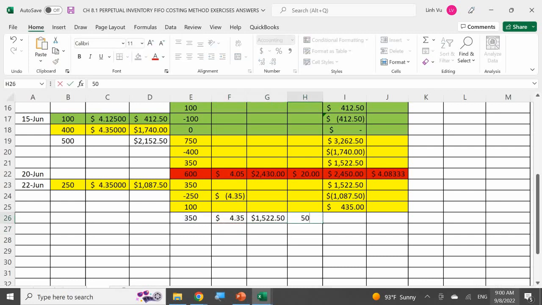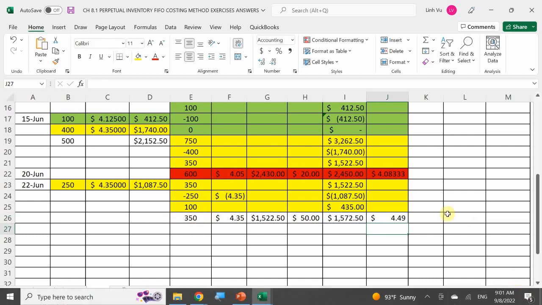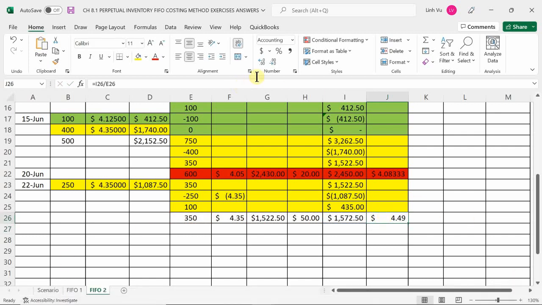Plus $50, 1572.50, which will give you a cost per item of $4.49. Good.